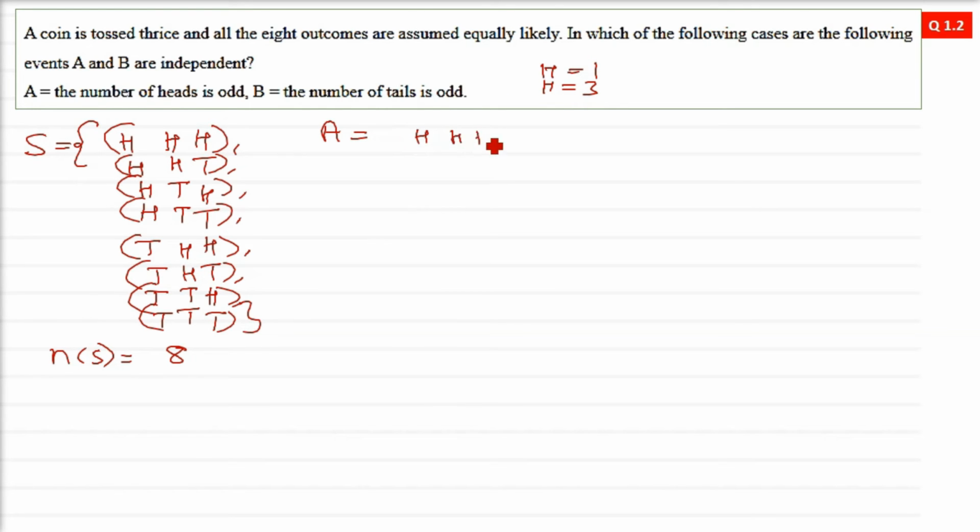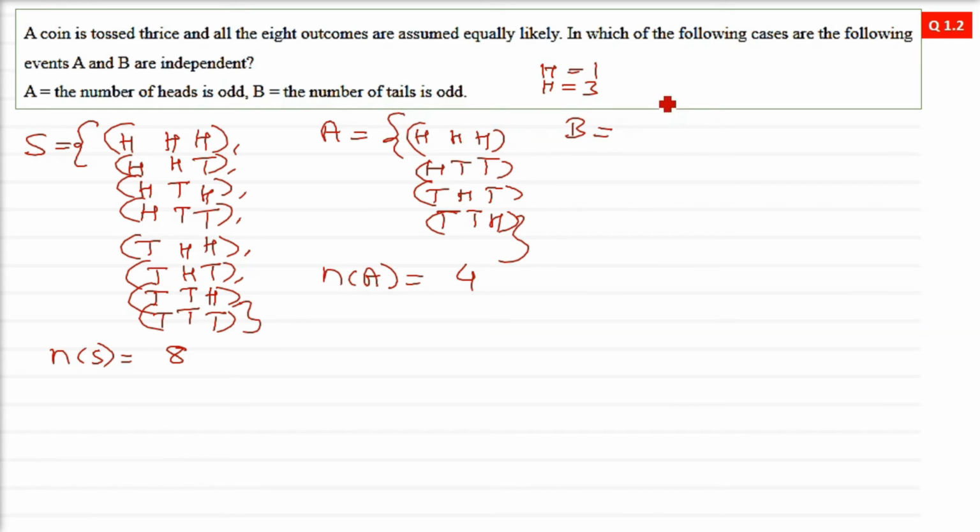So I am taking all the elements of this sample space where we have either 1 or 3 heads. We have HHH, HTT, THT. You can count number of H. This will be either 1 or this will be 3. So we get 4 elements out of the sample space which abide by the number of heads being odd.